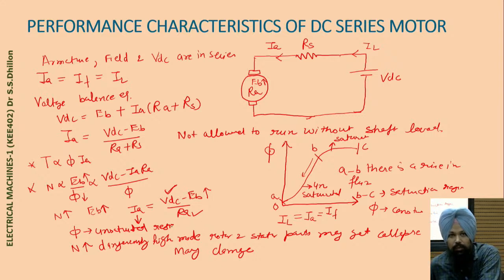So that it does not come to the unsaturated region, and Ia should not decrease to the minimum level. To avoid this condition we put some load. That's why Ia is maintained at some particular magnitude, and we can control the speed of the motor up to that extent. So let us move towards the torque equation and speed equation.